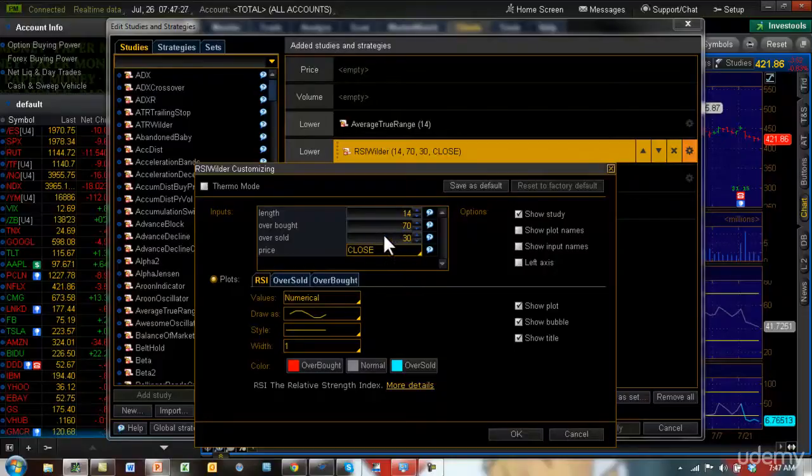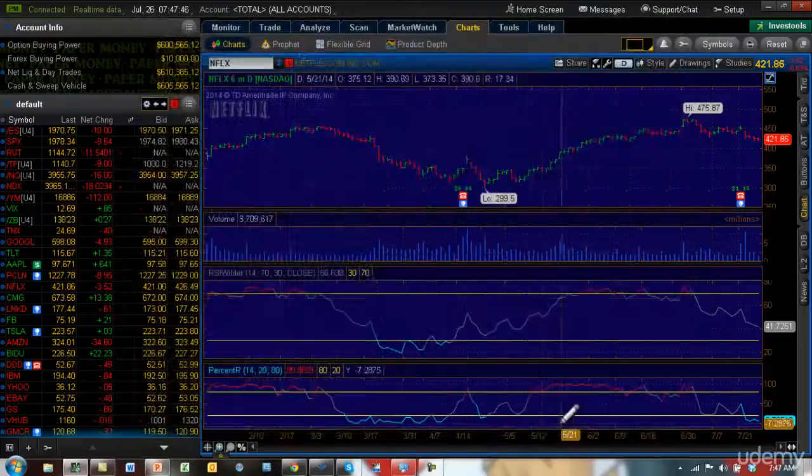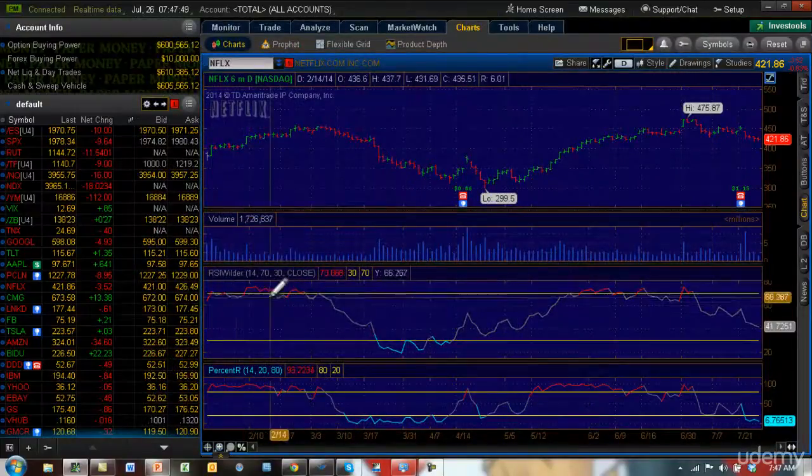Now, if you wanted to be a little bit more stringent, you can change these numbers to 80 and 20 or 90 and 10, whatever the case might be. But basically, you're telling yourself when you want to be alerted as to when a stock may be oversold or may be overbought. So let's take a look at the charts itself and look at the RSI first.